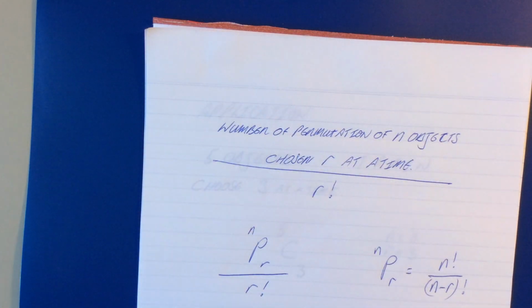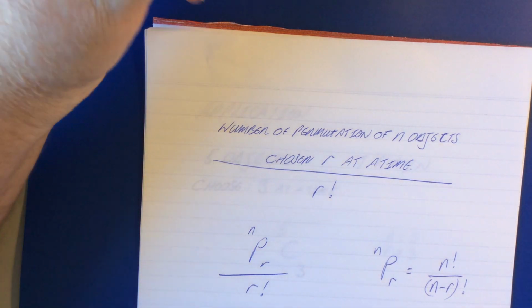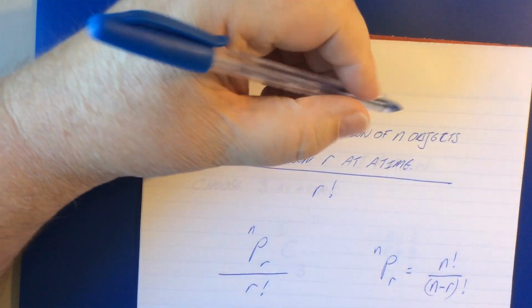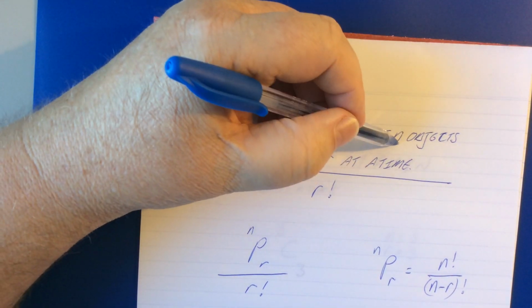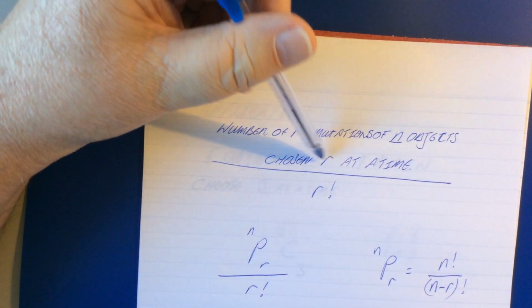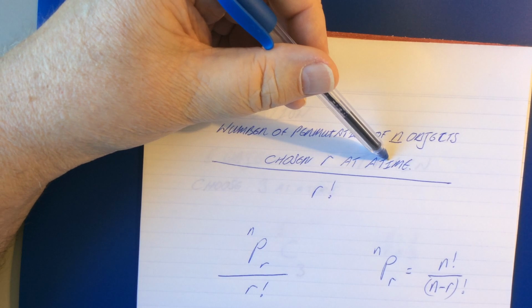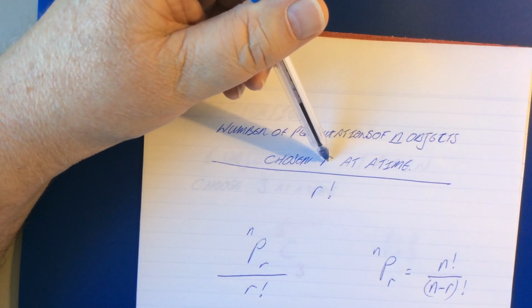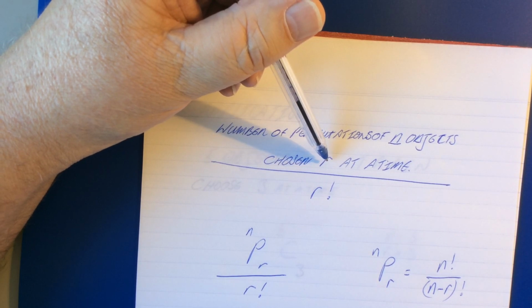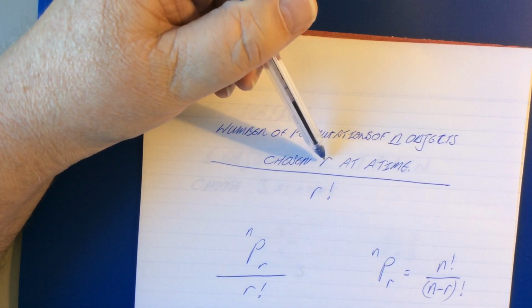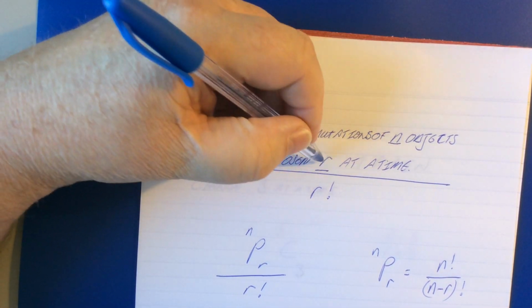Moving along. How do we define a combination? It's the number of permutations of n objects chosen r at a time. So r is the number that we get to choose. In the previous example, we had 4 objects and we could choose 2 at a time.